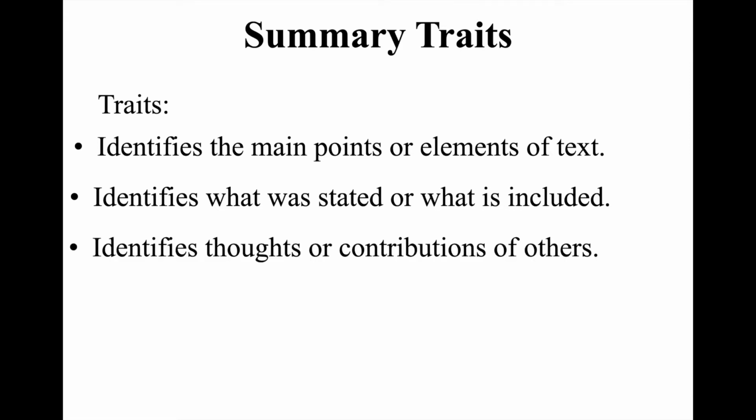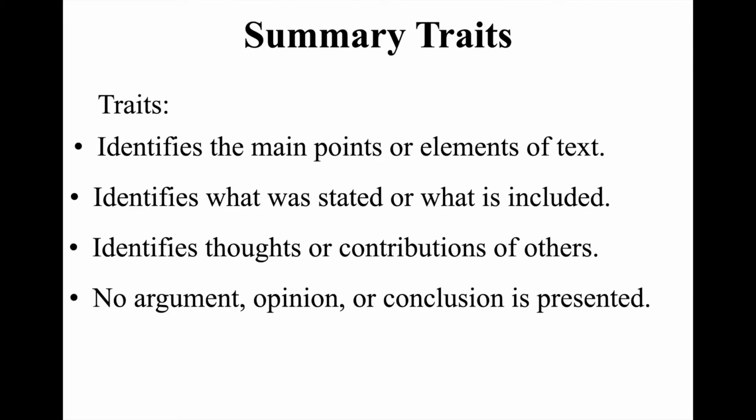It identifies thoughts or contributions of others. So you need to make sure that if you're putting something in there, you give credit, essentially, to who is saying it. So if you had an article that was talking about plastic straws, and then in that article there's a quote from some expert, you want to make sure you identify both who wrote the article and who that quote's from if it needs to be in the summary. A summary doesn't have any argument, doesn't have any opinion, and it doesn't have any conclusion to it.